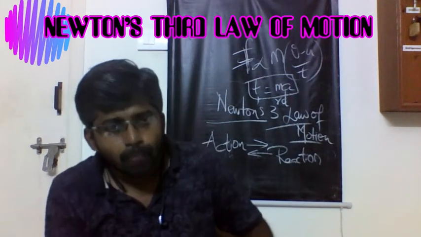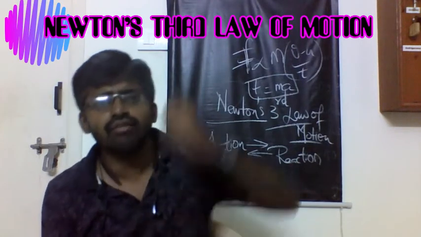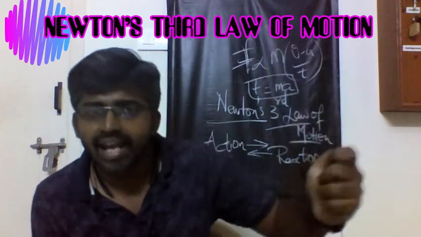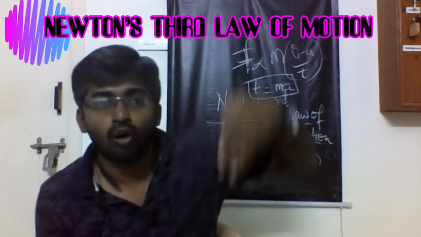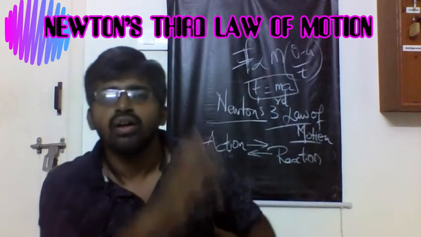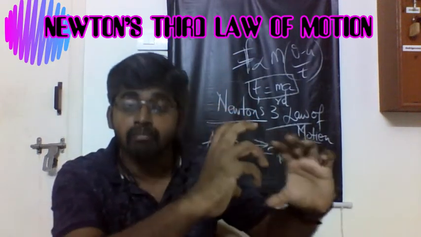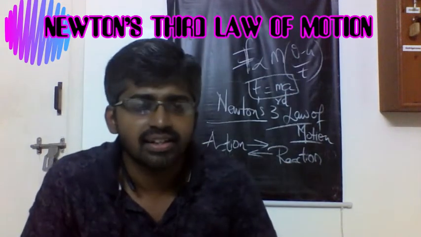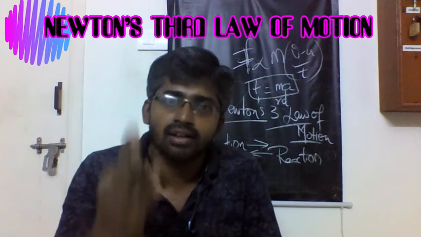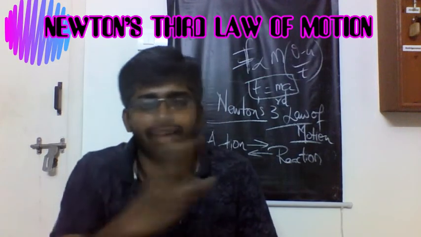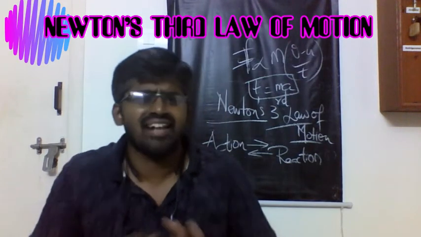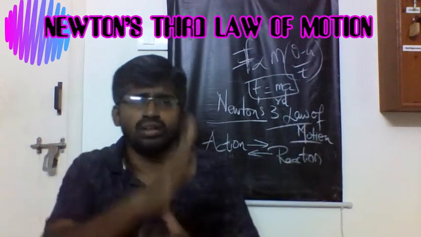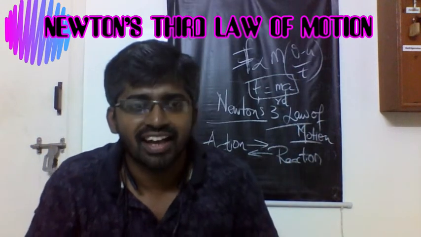Because when you pull B, it is exerting a force on A, and A is exerting the same force on the opposite side of B. So you will have the same reading in both spring balances. This shows that Newton's third law is equal and opposite. That is with regard to the things in the laboratory.